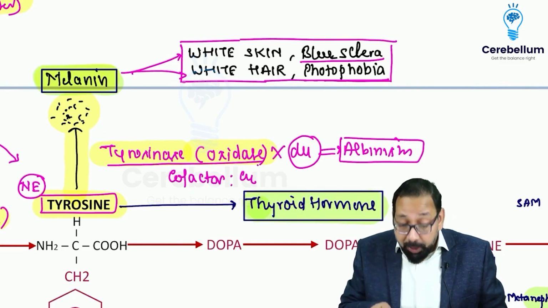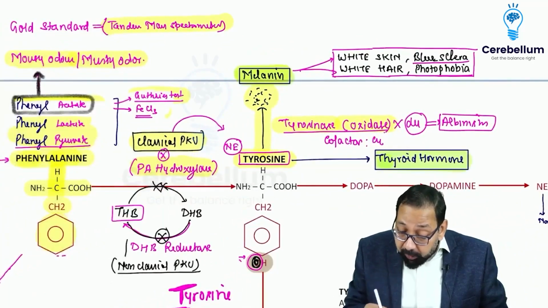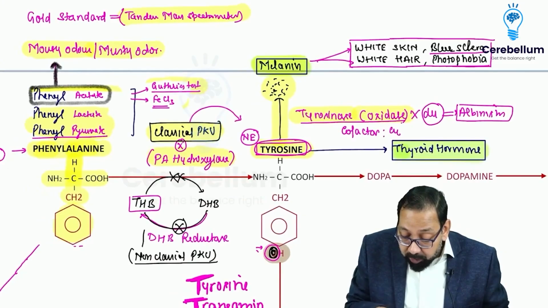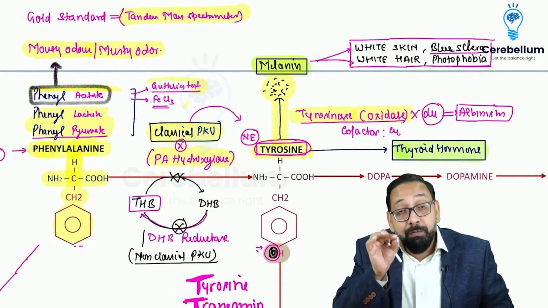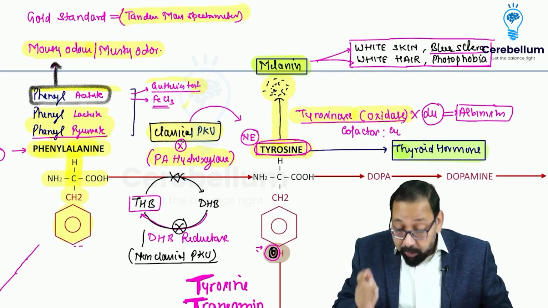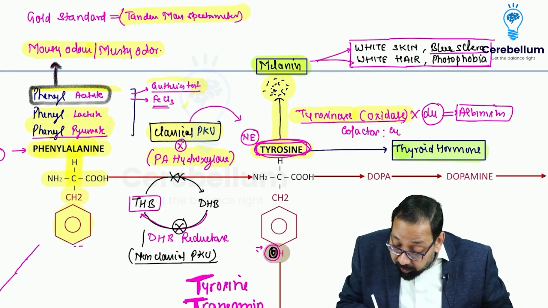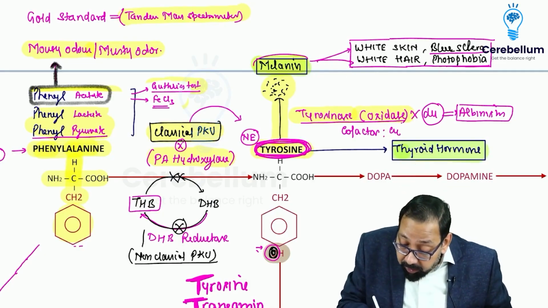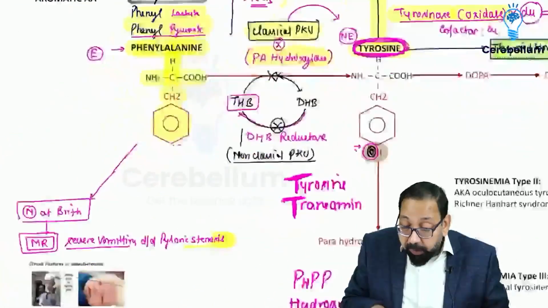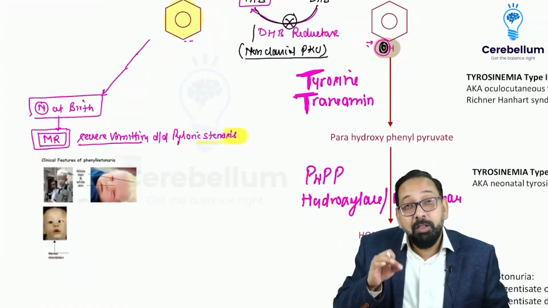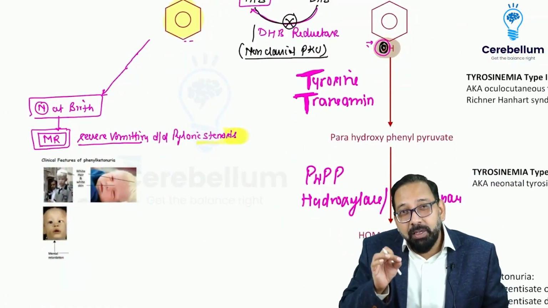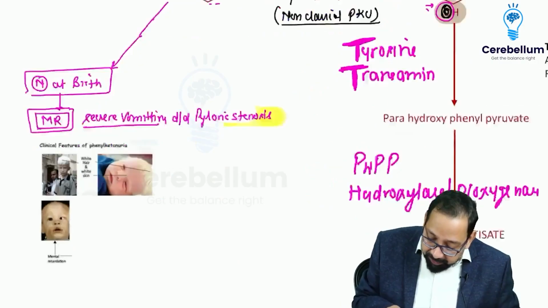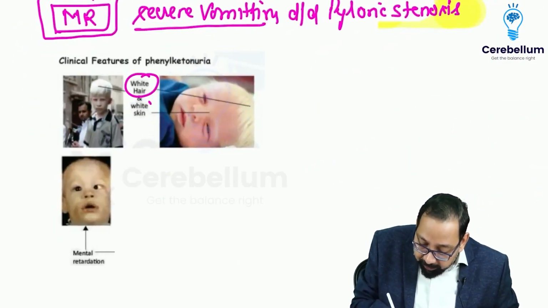But I told you, in phenylketonuria, tyrosine is not synthesized because phenylalanine hydroxylase is deficient. So in phenylketonuria, due to decreased tyrosine, there would be albinism symptoms. Sometimes in a clinical scenario they will try to confuse you by starting the question with symptoms of albinism. They will say that a patient has white hair, white skin.